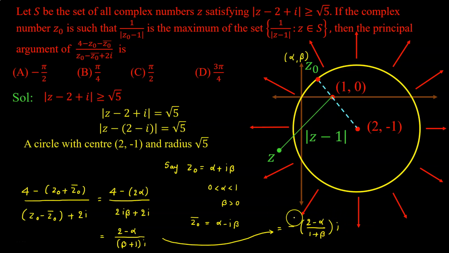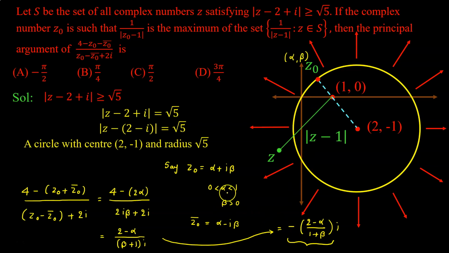Now this is a purely imaginary number, isn't it? Depending on the value of this quantity, if it is positive, the point will be on the positive y-axis, that is the imaginary axis above the origin. If it is negative, this complex number will lie on the negative imaginary axis.